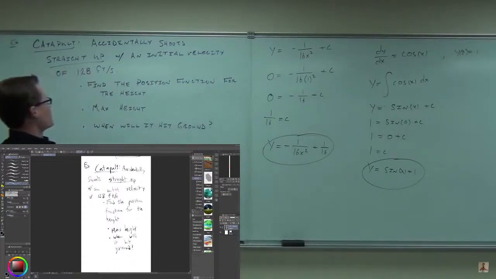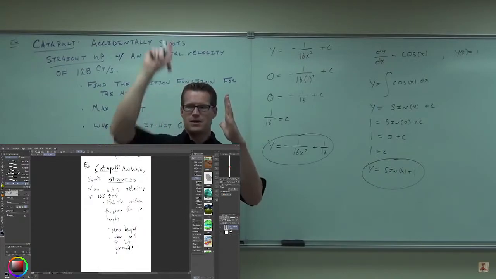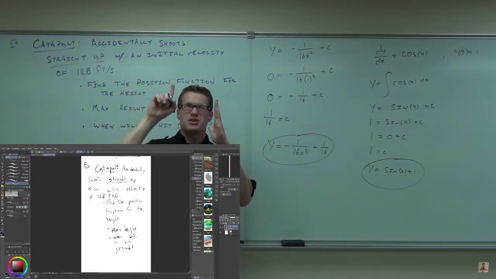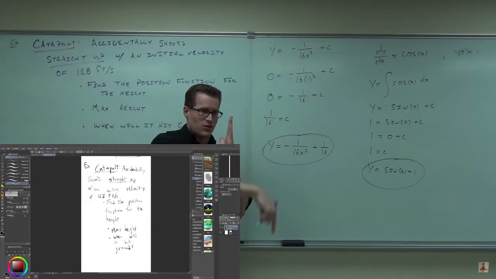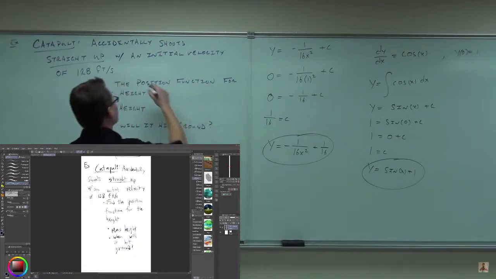Oh, let's say one more thing about this. Let's say that it shoots straight up with an initial velocity of 128 feet per second, and you're launching it off of a 16-foot platform. So you're up 16 feet, and then you launch it.